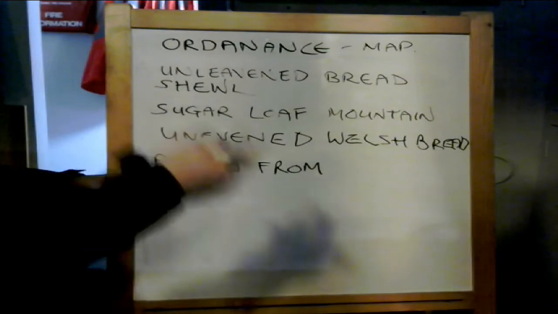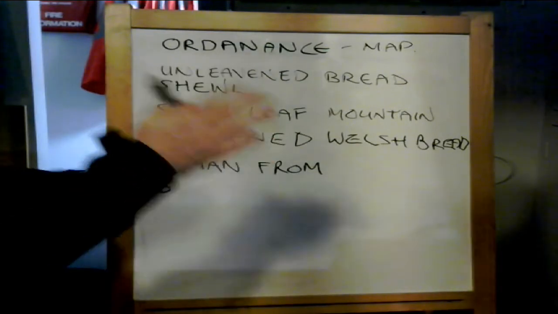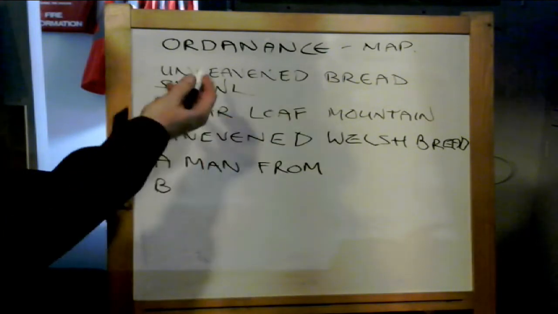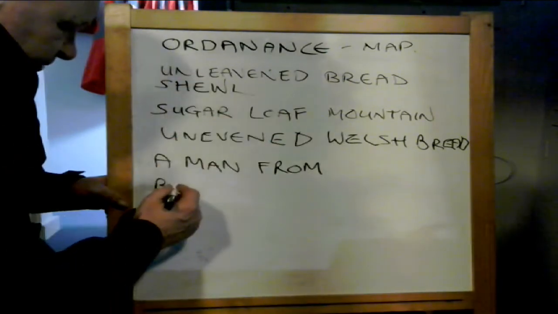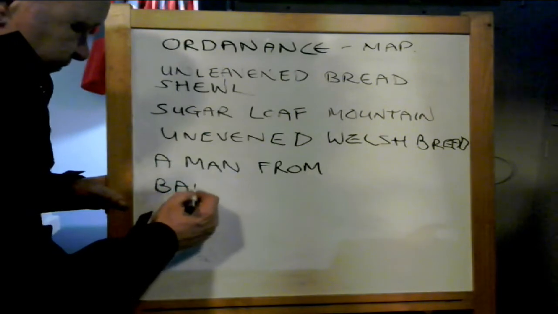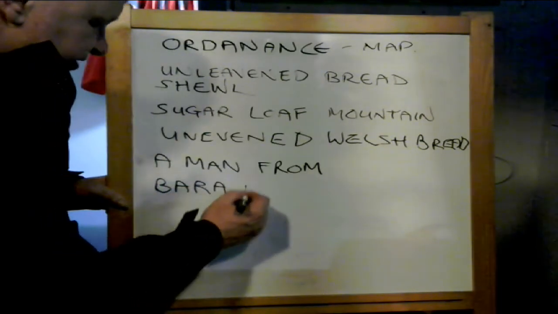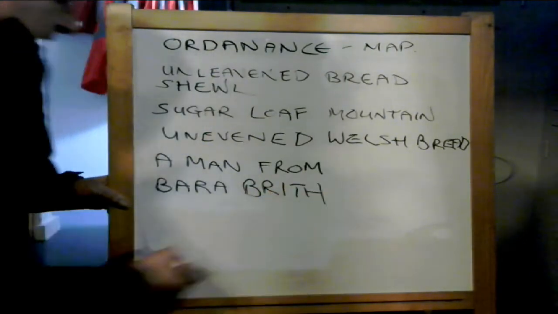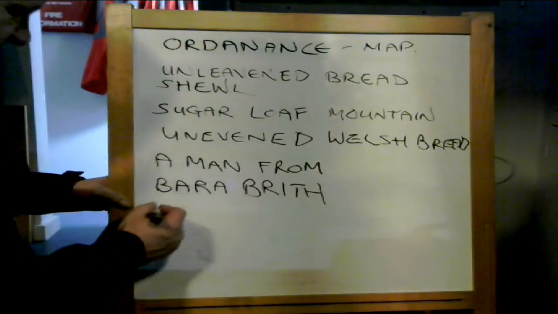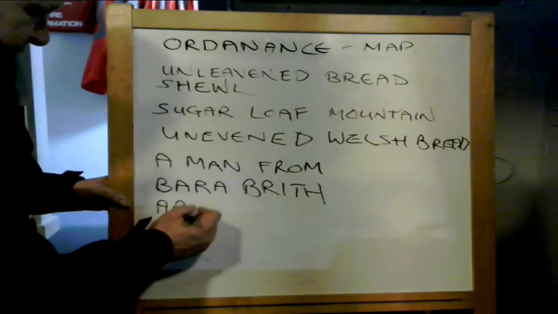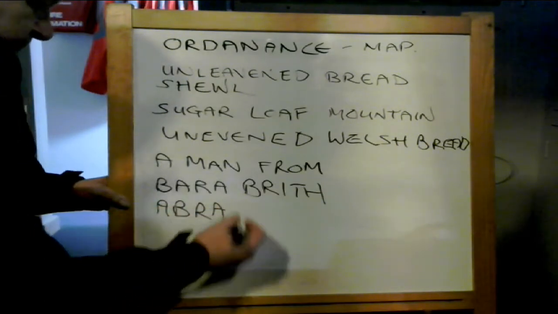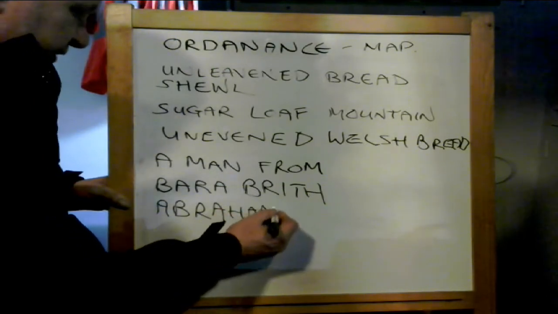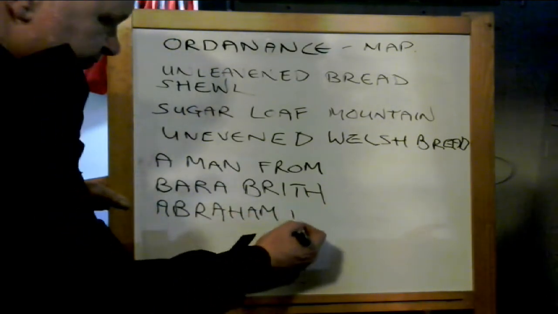So as far as the yeast part goes, I've already checked this, because it says something about not using yeast, but it basically can be made with either. But the name of it is called Bara Brith. And a man from heaven is Abra, he's omitted the ham because the Sinews didn't eat pork, but you put the so it's the Abraham birth.